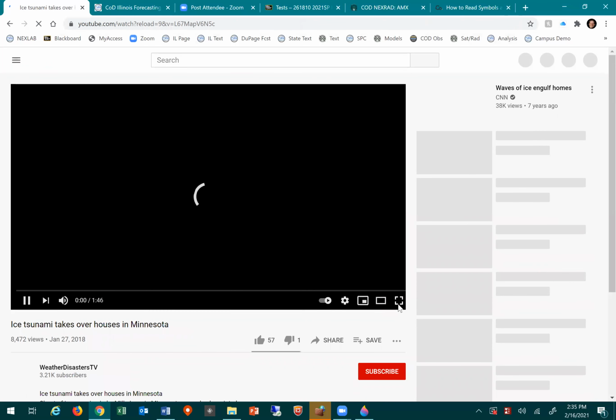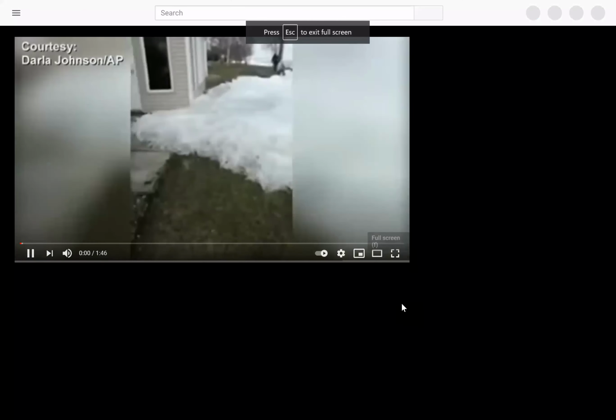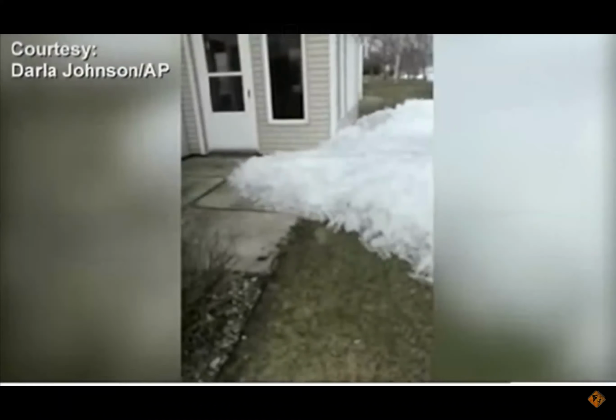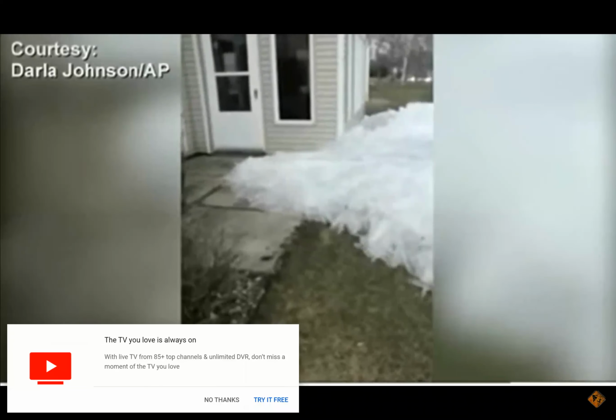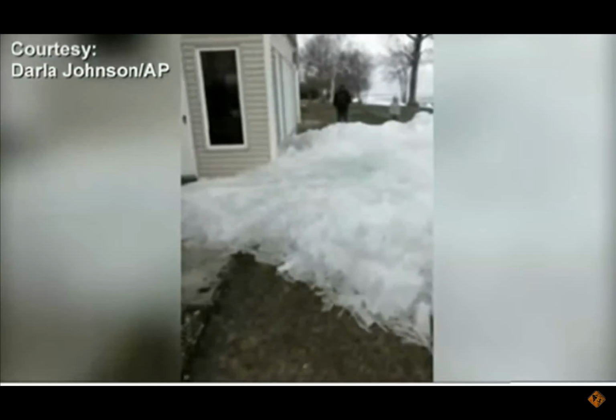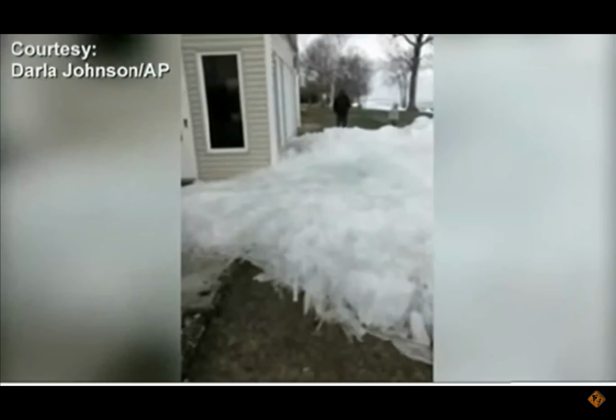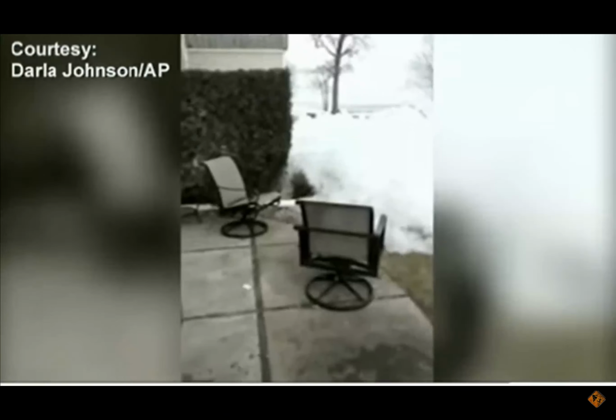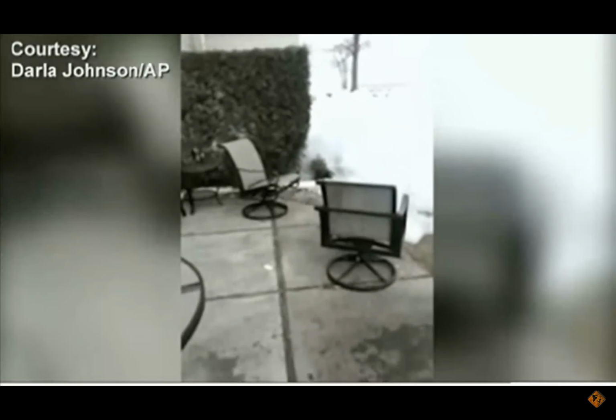Let's check the phone. It's really pushing in. So it's just all this ice coming on shore from Lake Superior.